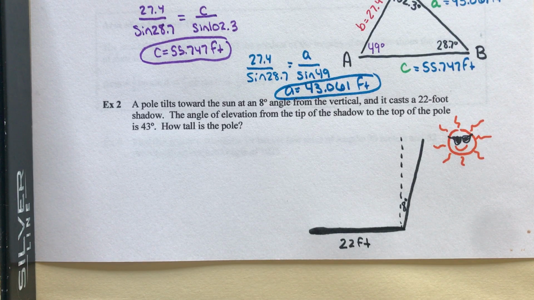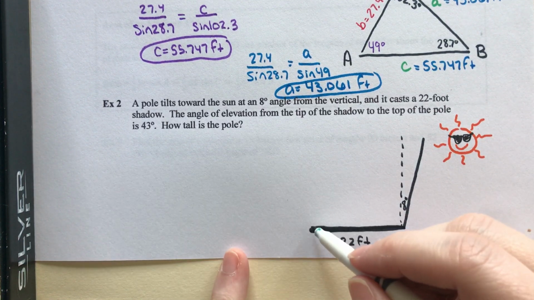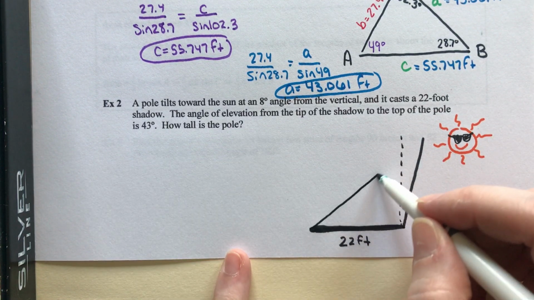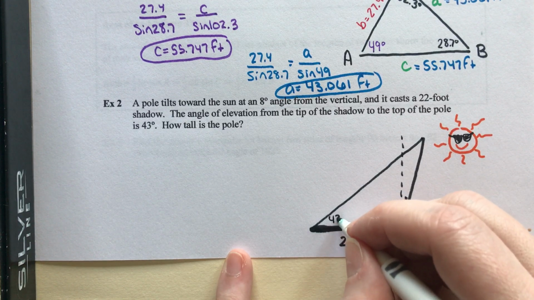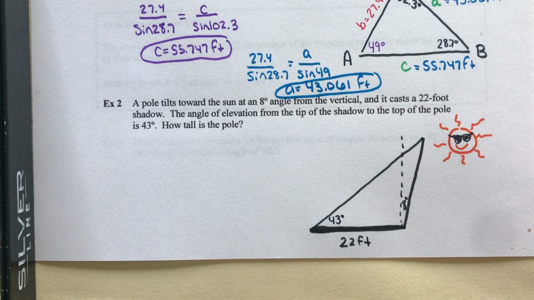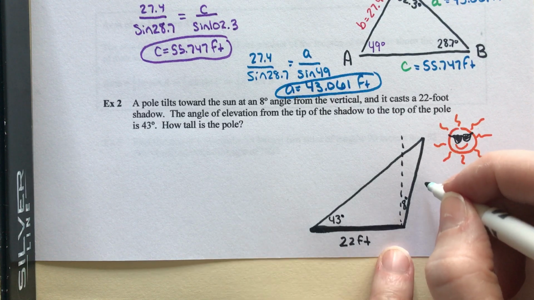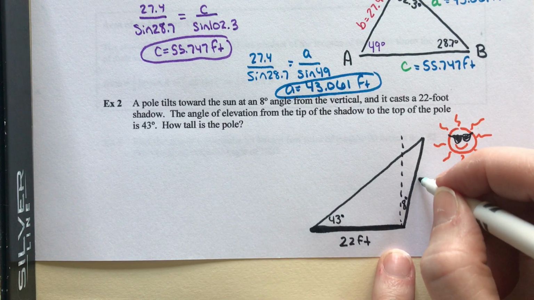Okay, so the angle of elevation from the tip of the shadow to the top of the pole, so I'm going to draw that in. Tip of the shadow to the top of the pole is 43 degrees. How tall is the pole? So I'm going to label that. We can do A, B, or C. I'm going to call it B.